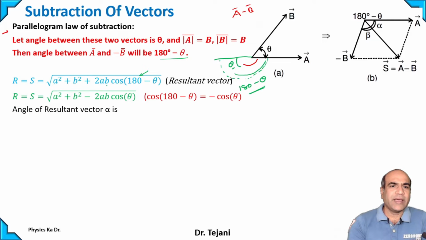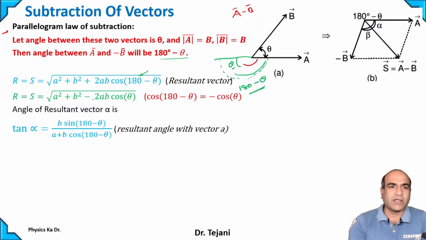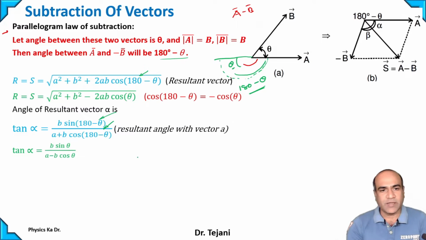Similarly, if you want the angle alpha with respect to A bar, that becomes B sin theta divided by A plus B cos theta. But theta here is 180 minus theta. Put the value here: sin of 180 minus theta becomes sin theta, and cos of 180 minus theta becomes minus cos theta.